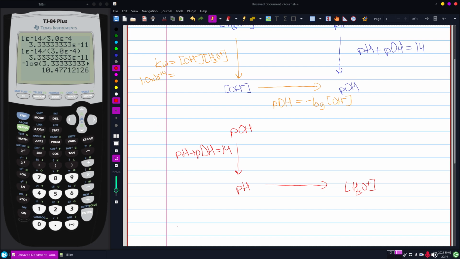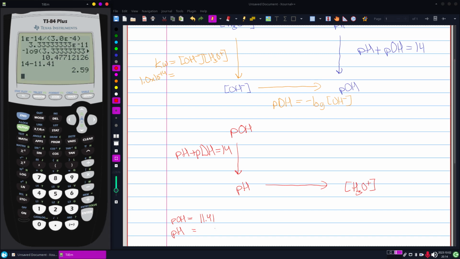So in this case, we're going to give a pOH of, let's do 11.41. If I have that, then the pH is the difference between that and 14. We get something like 2.59 for a made-up value here. All right, now if I want to go from pH to H3O, the trick is to realize the secondary function of the calculator tells you what we're doing.